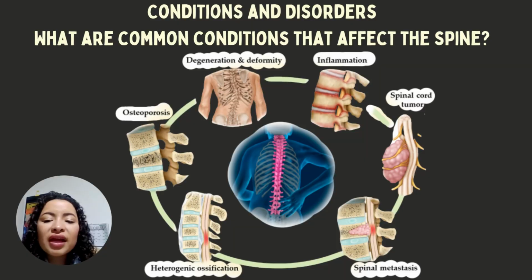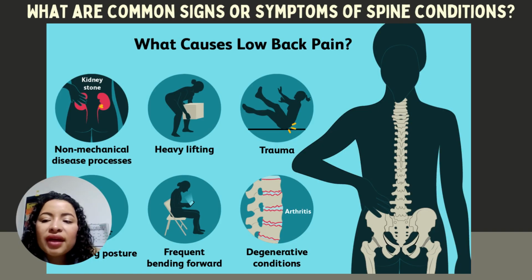Common conditions that affect spine health include arthritis and arthritic conditions like ankylosing spondylitis, back strains and sprains, vertebral conditions such as spina bifida, bone spurs, curvatures of the spine, scoliosis and kyphosis, and herniated discs.